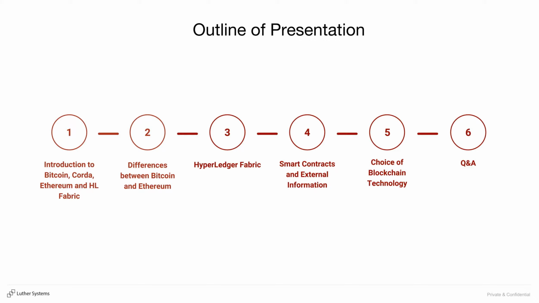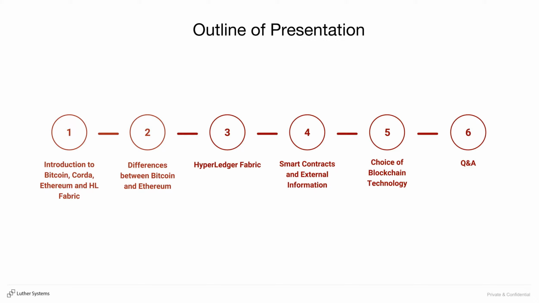And we've also, at a high level, overviewed the different types of blockchain technology, from Bitcoin to Ethereum and Hyperledger Fabric and Corda.